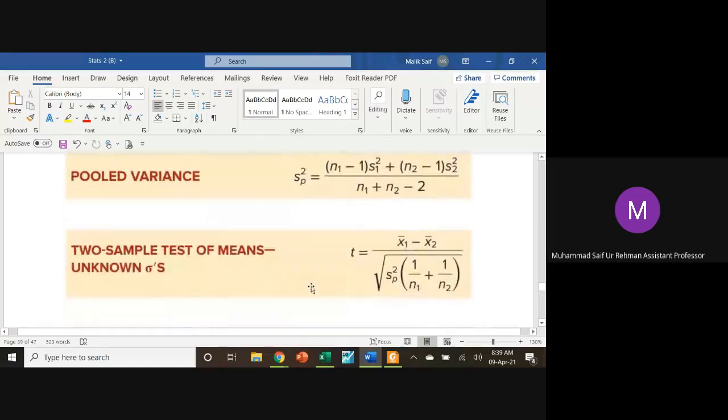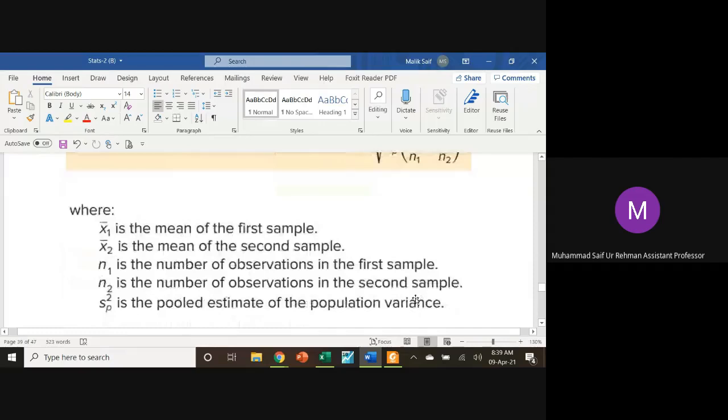The formula that we use in this case is: T is equal to x1 bar minus x2 bar, divided by the square root of sp square into 1 over n1 plus 1 over n2. So what are these terms? X1 bar, you are familiar with this term.